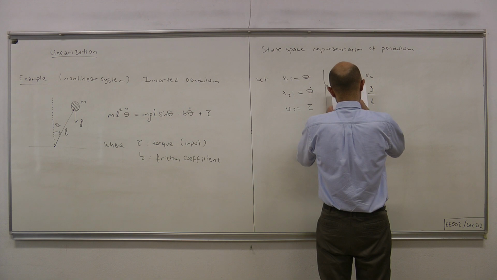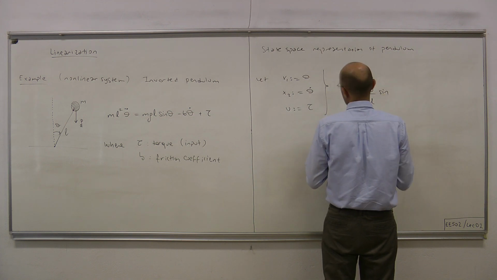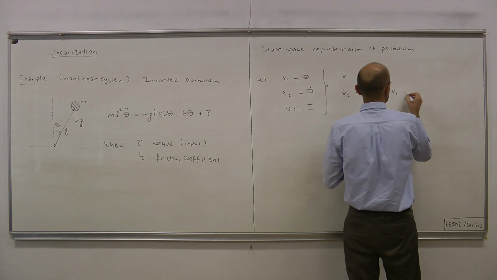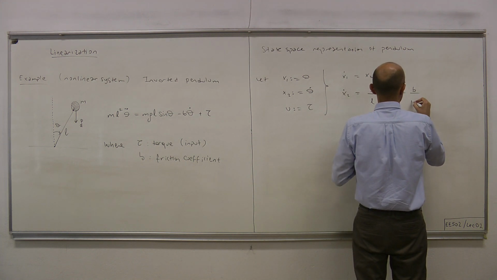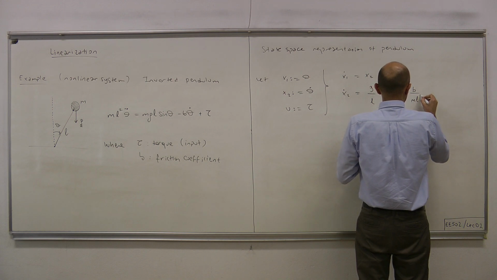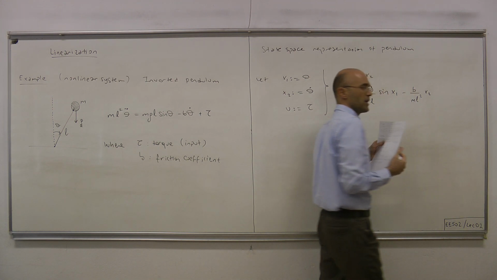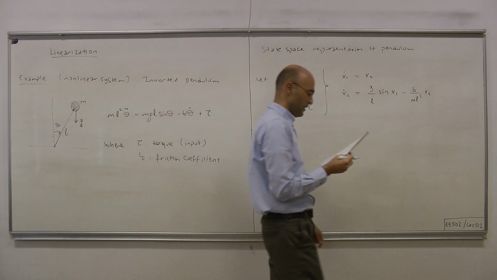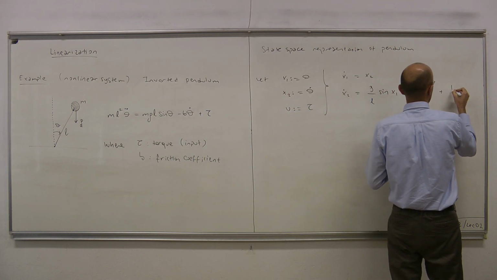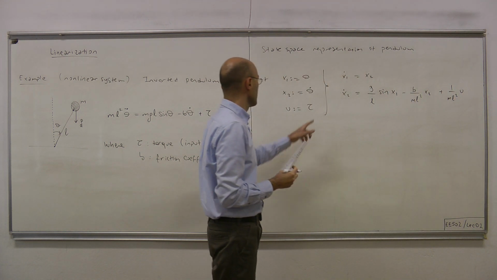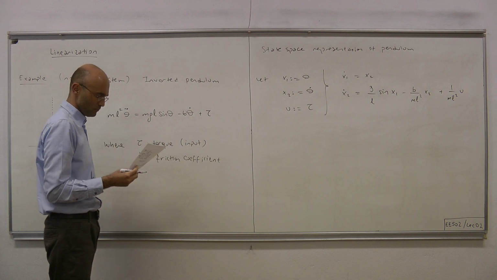If you organize the terms, this is what we have: G over L sine x1, which is our first state variable, minus B over M L squared times theta dot, which is our second variable, x2. And finally, we have plus 1 over M L squared times tau, and tau is our input here.